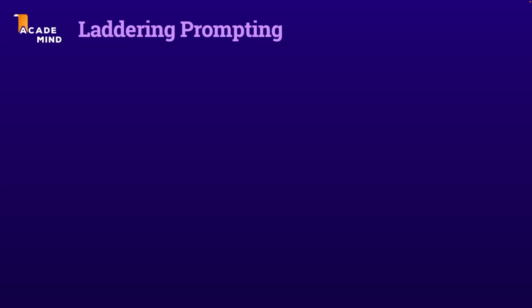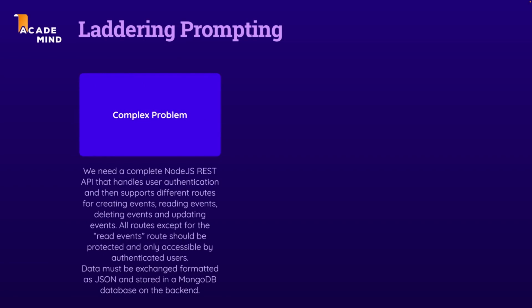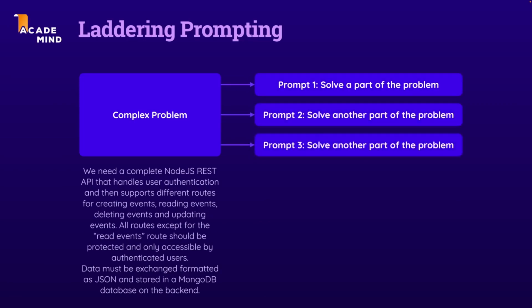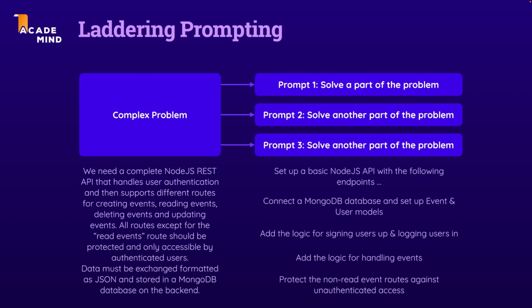And the idea here is to break up a complex problem that would probably require a very long and detailed prompt, which could lead to ChatGPT losing context and information and producing a suboptimal response, and instead split it up into multiple smaller problems and prompts, which you then send step by step to ChatGPT, so that you get solutions for different smaller prompts, which you can then combine manually to, for example, like in this case, build this Node.js application.